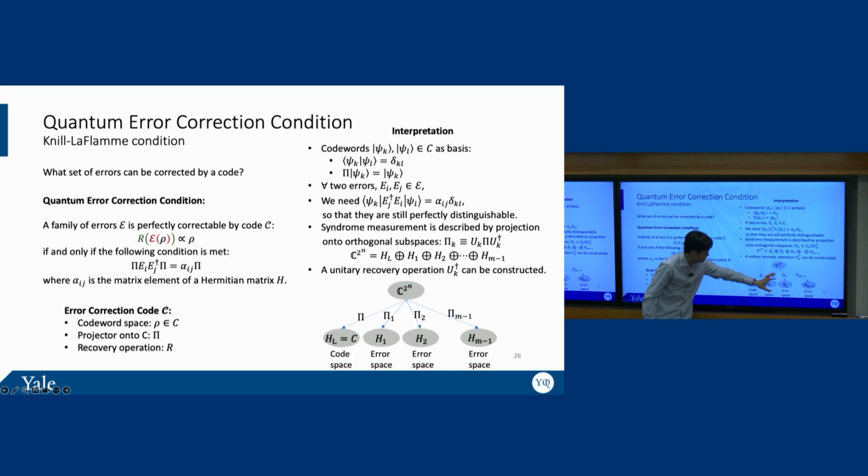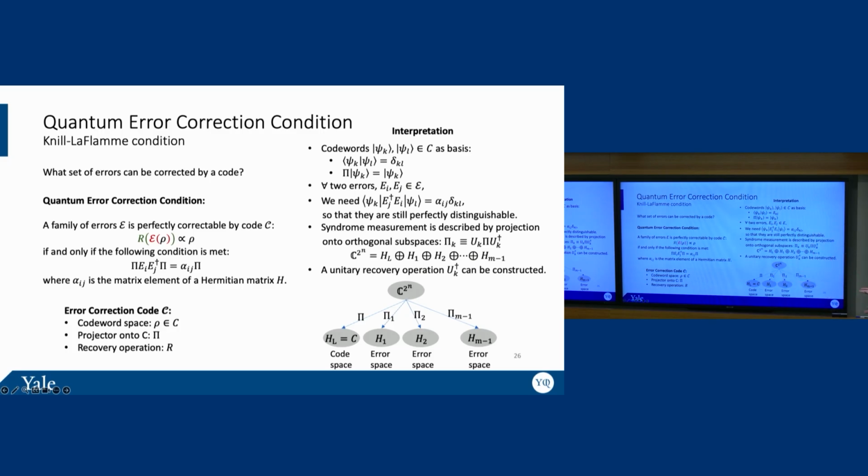And again, this picture allows us to see the internal structure of this Hilbert space that we sort of engineered to make sure that each projection cuts the space into subspaces that are recoverable, in the sense that two basis operations in the code space, through some error channel that maps to the error space, remain orthogonal, so that you can still use a unitary operation to bring them back.